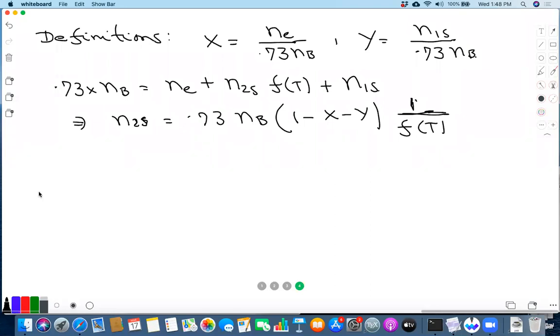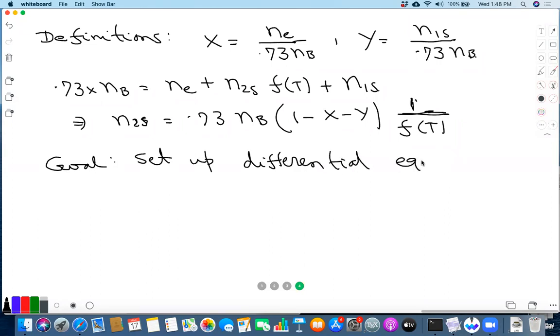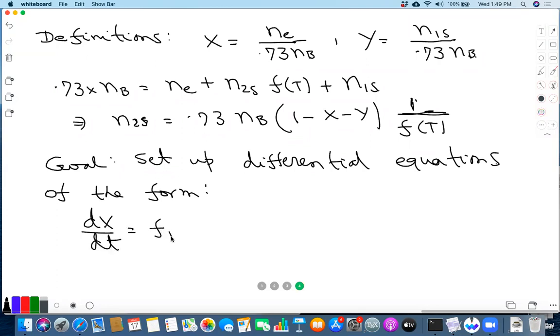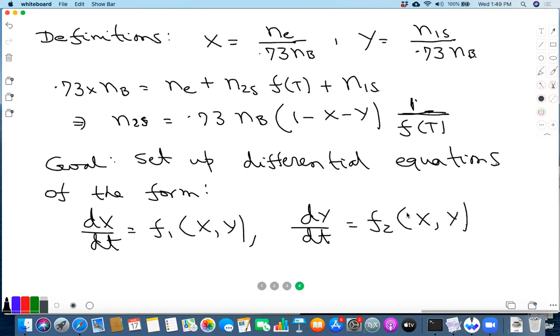Let me state the goal. So the goal will be to set up differential equations of the form dx dt as some function f1 of xy and dy dt as some function f2 of xy, and then solve them.